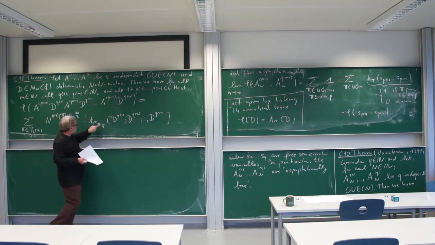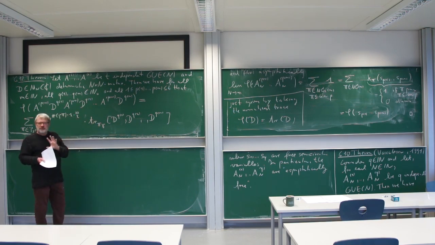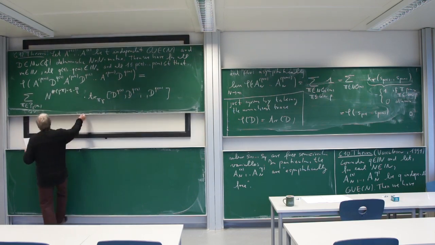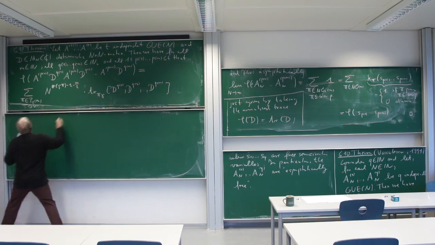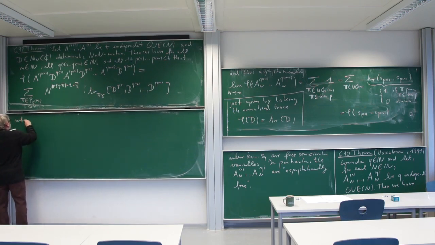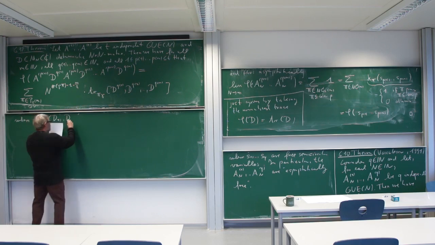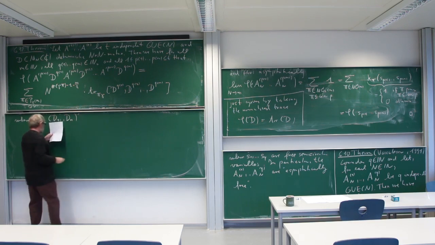Here, of course, this is now a permutation, but I can use the same notation for permutations, where I multiply along the cycles of the permutation. So this notation means: there I have the trace, and here I have a permutation sigma, and I apply this to some matrices d1 up to dn.